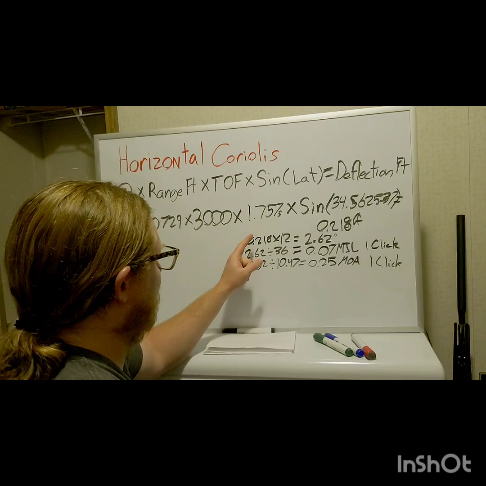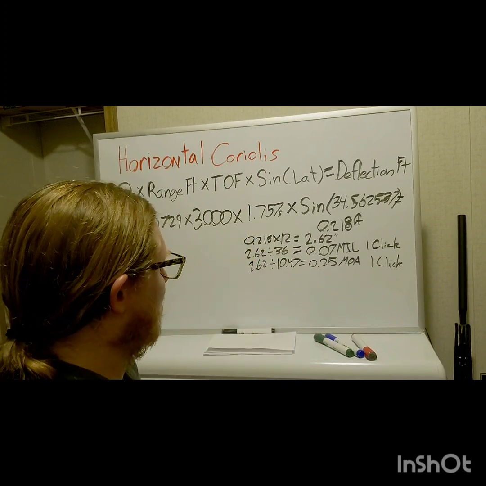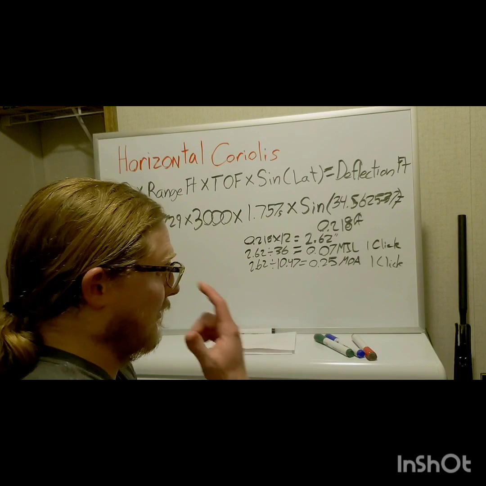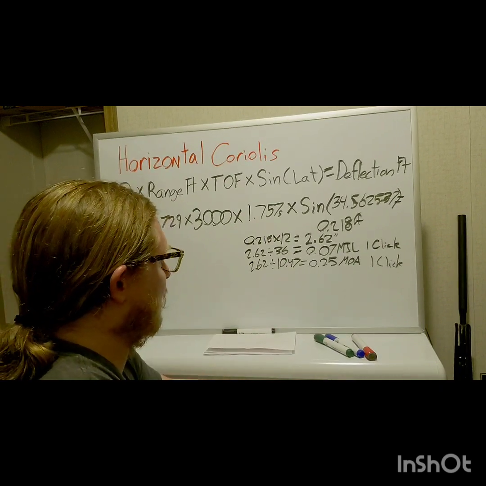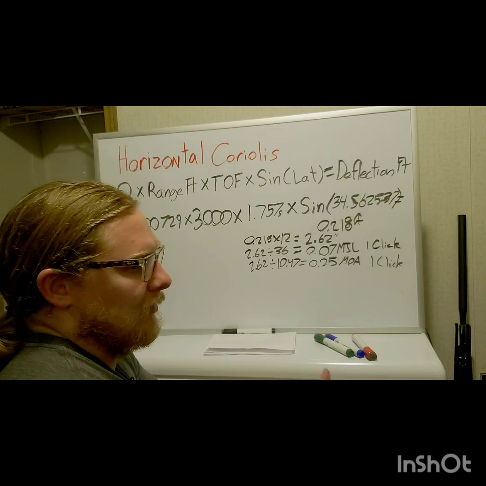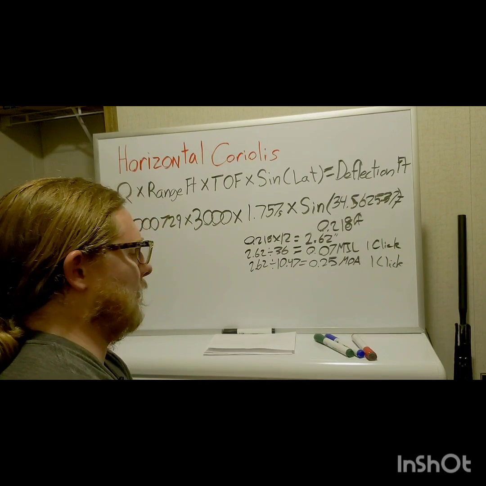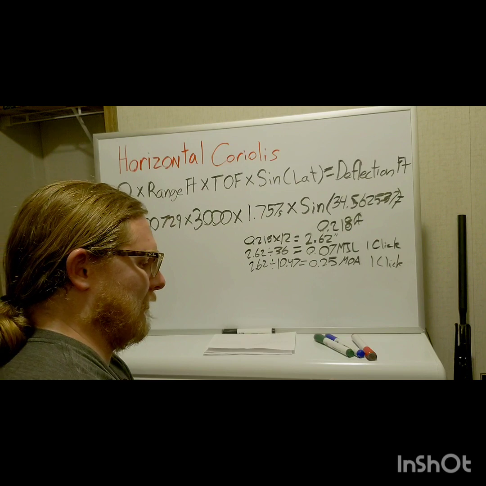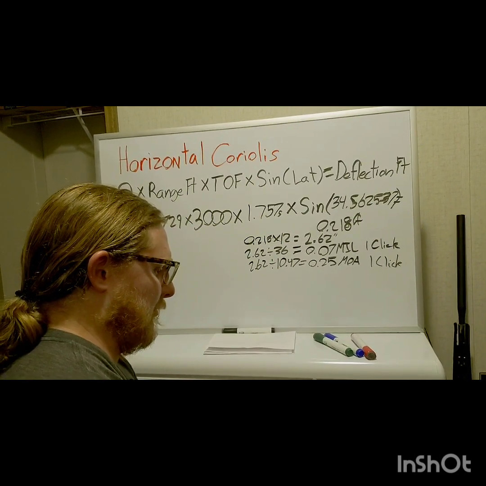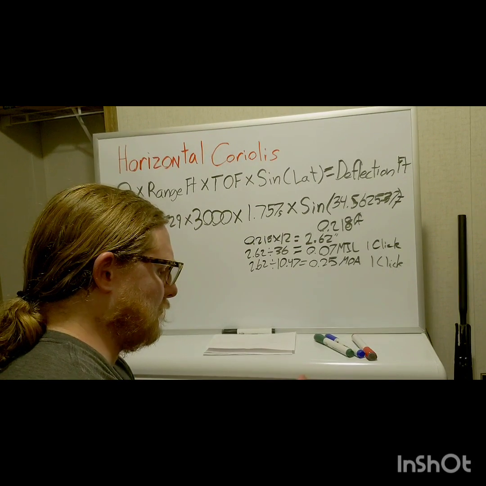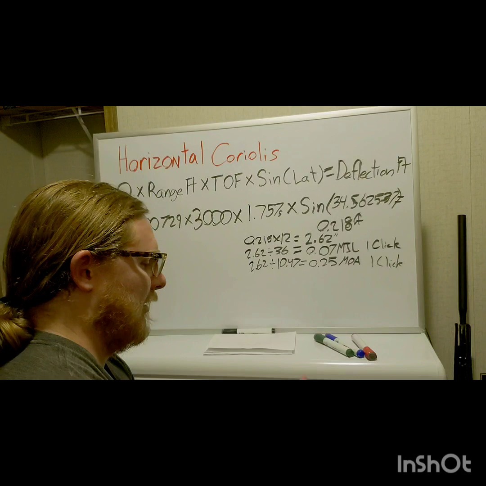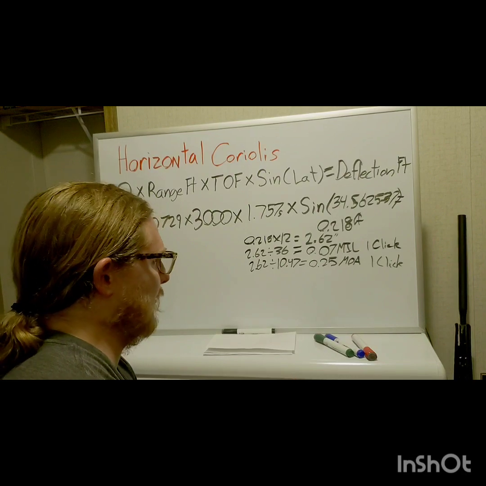And your time of flight, this here is kind of tricky, and it's really important that you get it right for this to work. And for that to work, you're going to have to use a ballistic solver, ballistic calculator, because you're going to need to know the exact barometric pressure where you are at. You're going to need to know temperature where you're at and your ammunition temperature, and you're going to need to know what your muzzle velocity is.